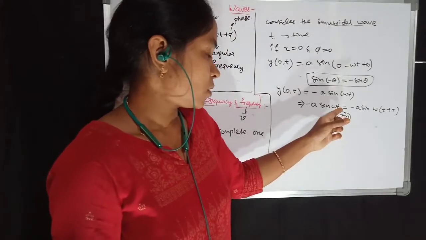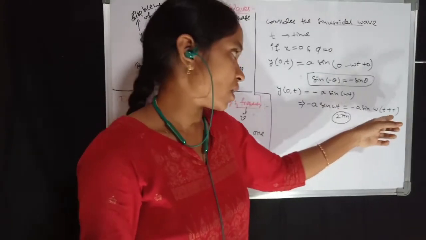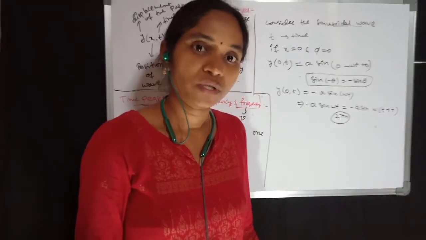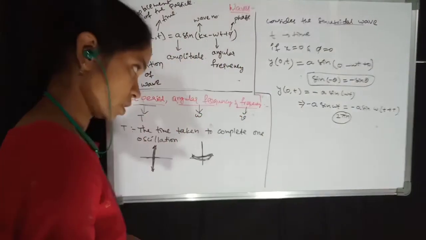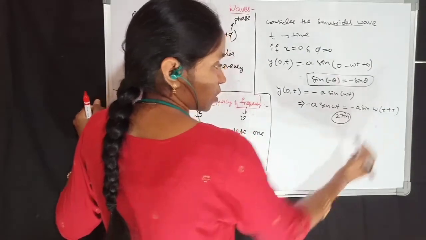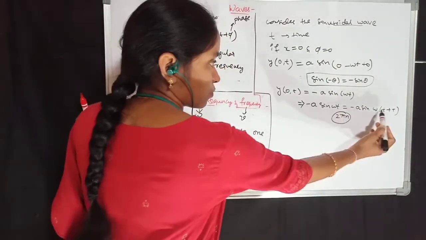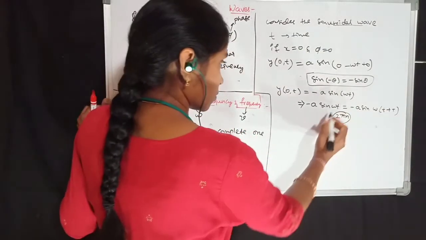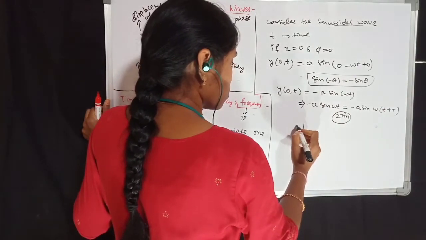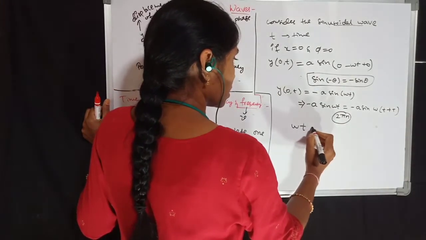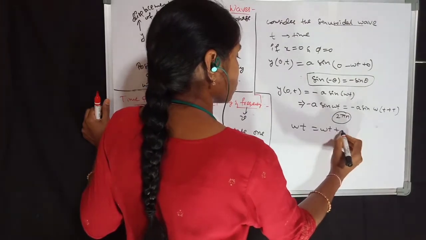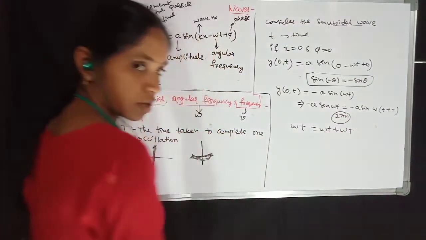And at time t and also at t plus T, the sine function remains the same. Therefore we can equate both these functions. Now from this equation, omega t equals omega t plus omega capital T.